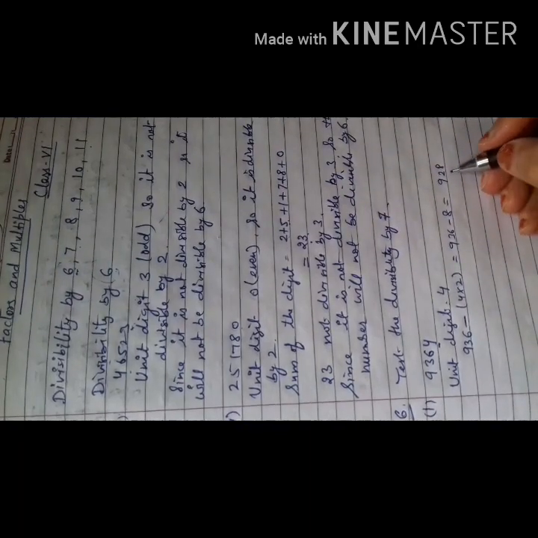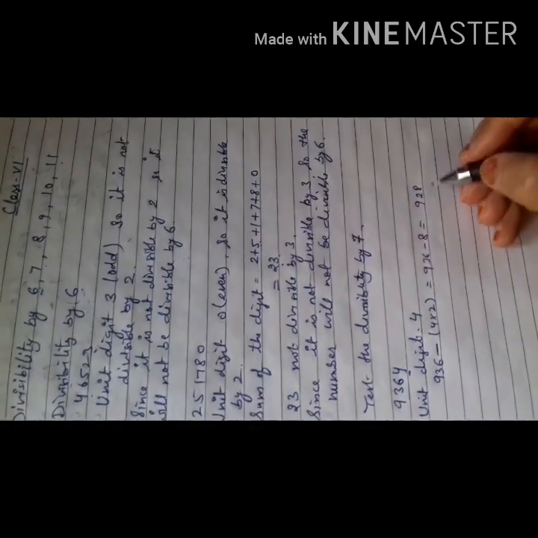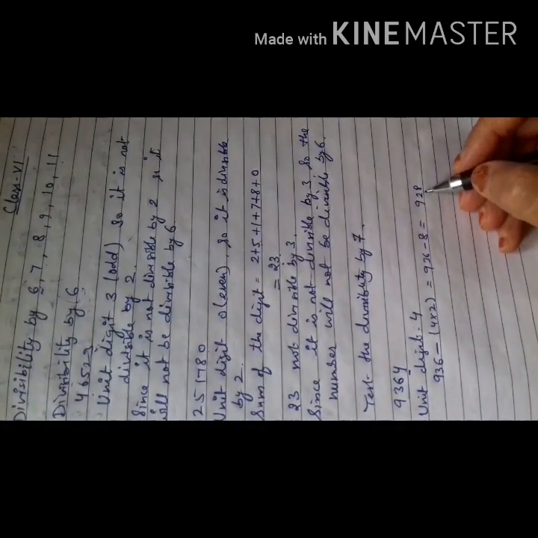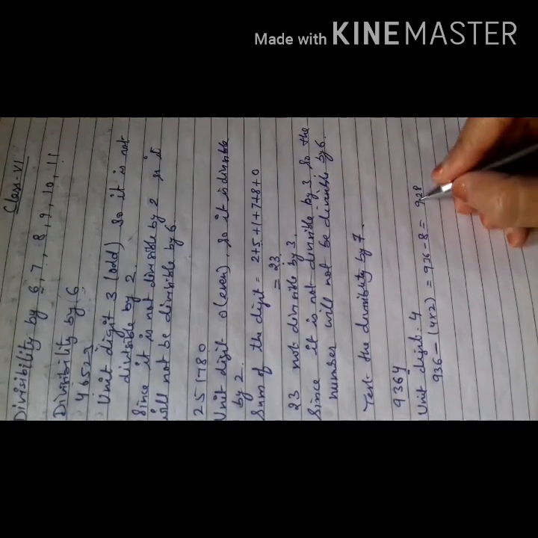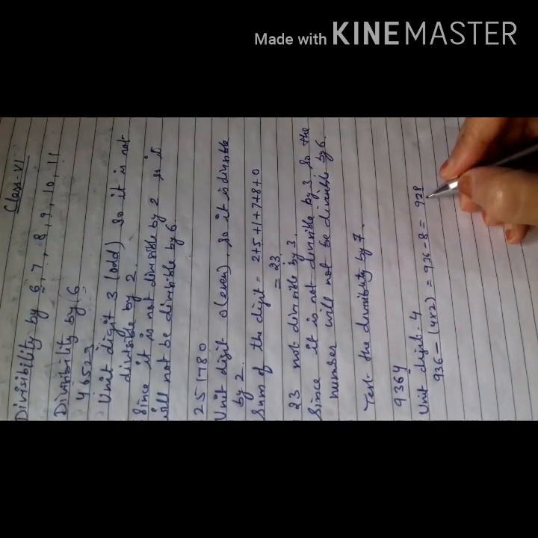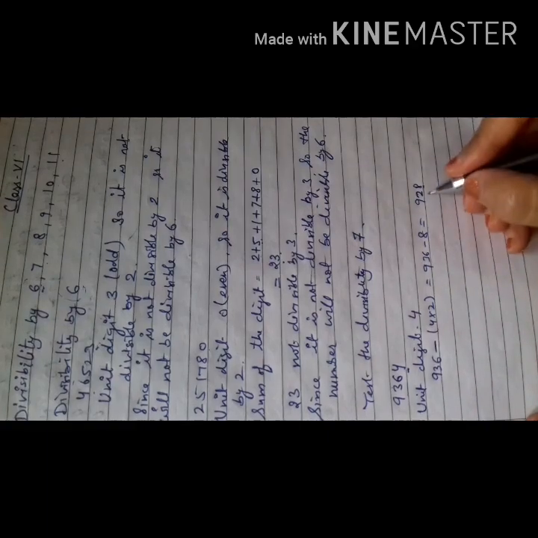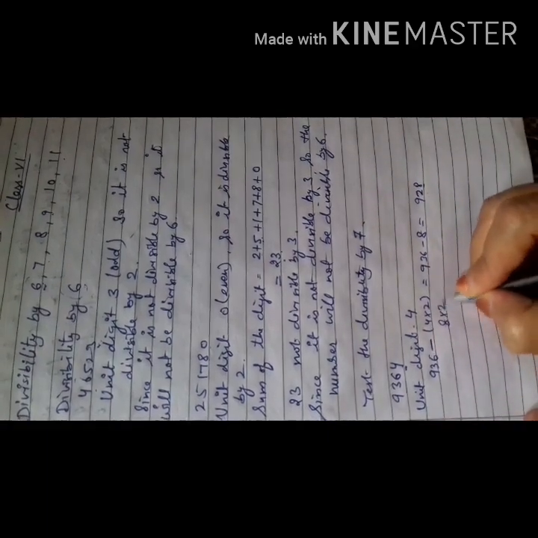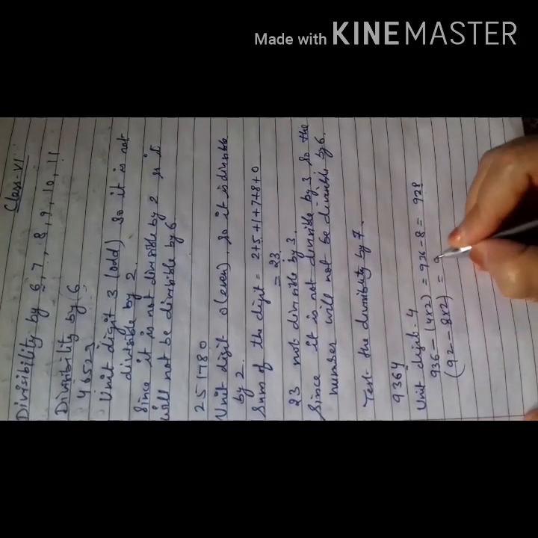Now you have to check whether 928 is divisible by 7 or not. Again you can double the unit digit and subtract it from 92. Double this and subtract it from 92.